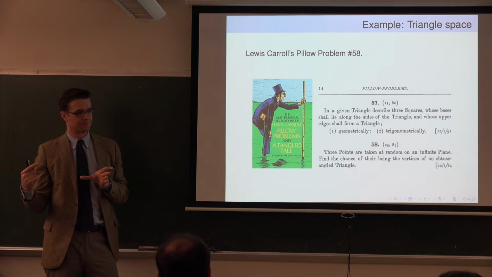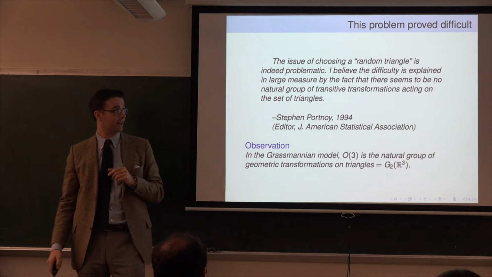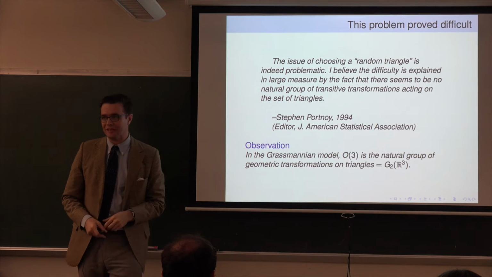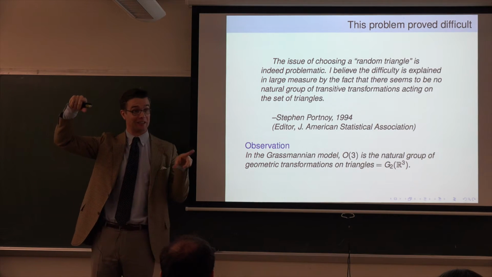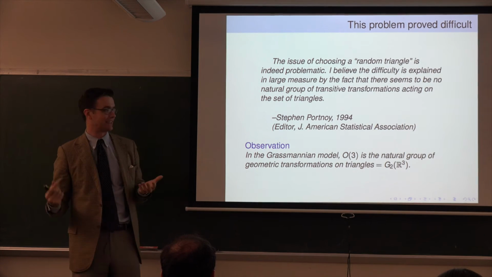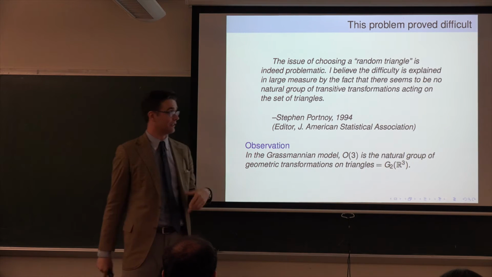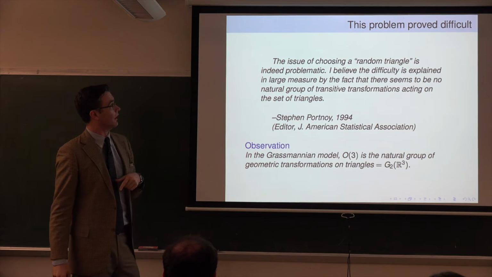Now, of course, the question as asked is not well posed, right? Because what the heck do you mean choose 3 points randomly on the infinite plane? There's no uniform distribution on the plane. You can take them according to a Gaussian, but why would triangles care about Gaussians, distributions of their vertices?